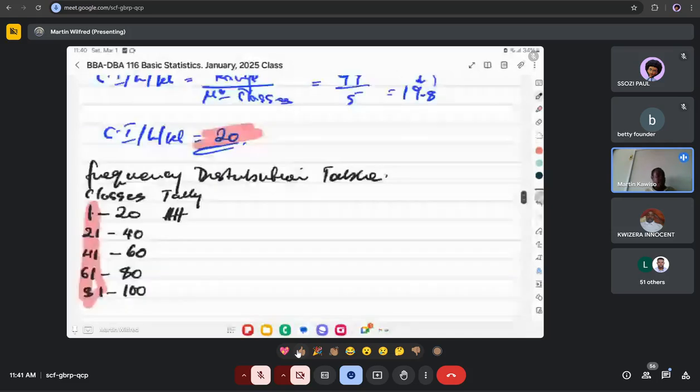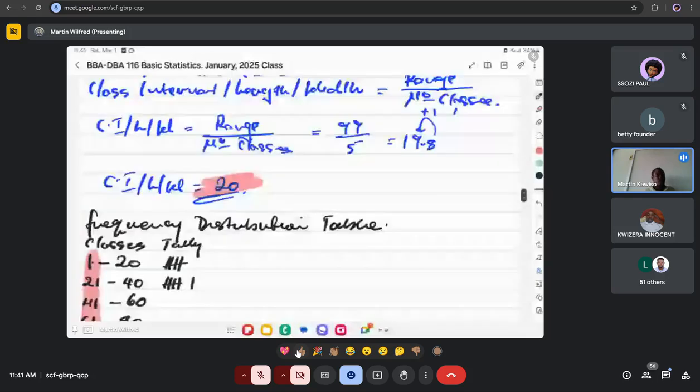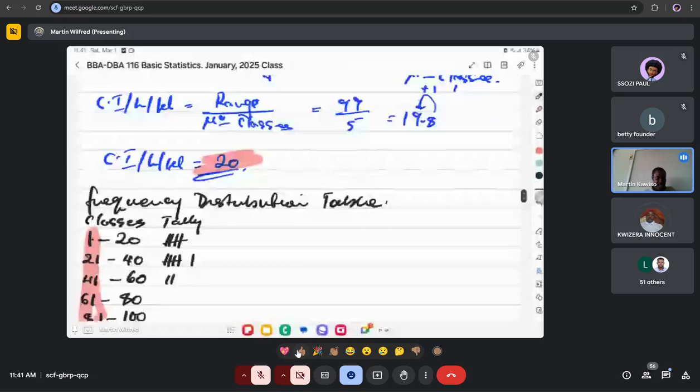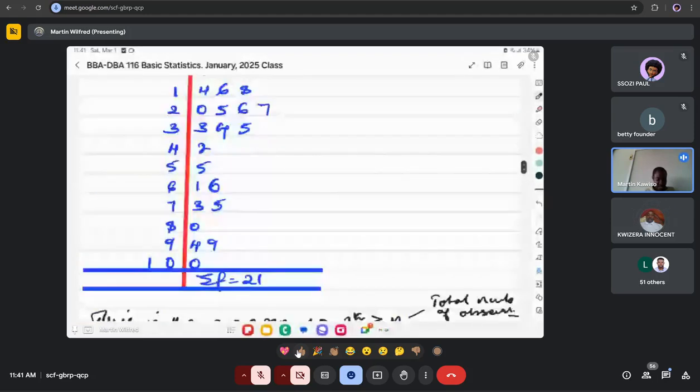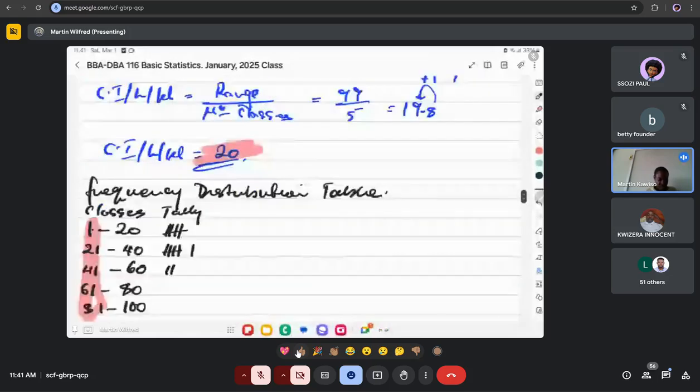Next, we are looking out for values running from 41 to 60. How many are they? We have 42, 55. Next, we are looking out for values running from 61 to 80. How many are they? 61, 66, 73, 75, and 80. And lastly, we are looking out for values running from 81 to 100.